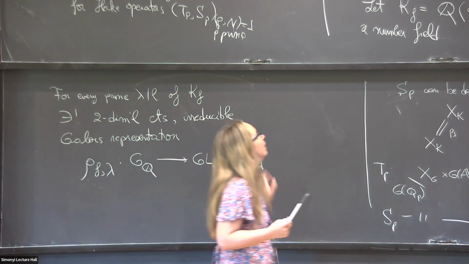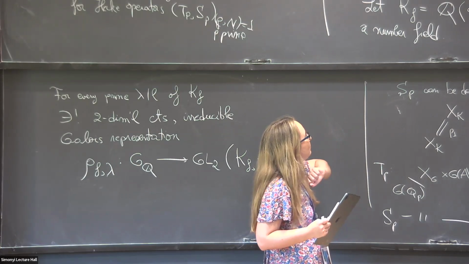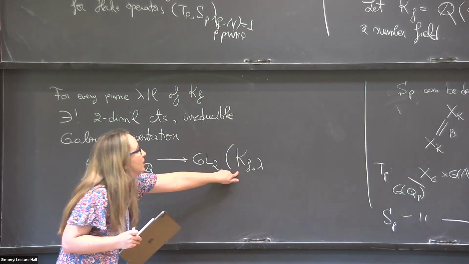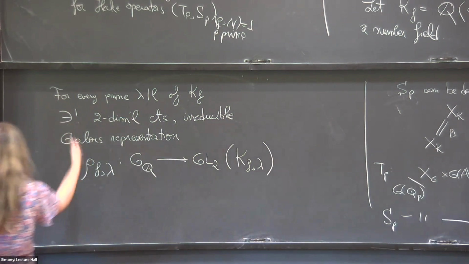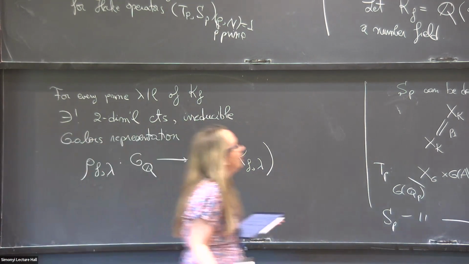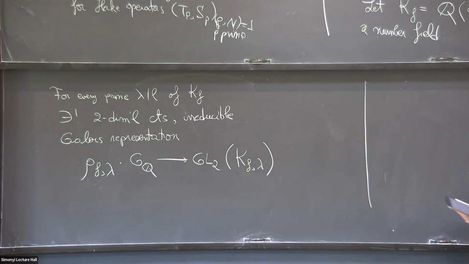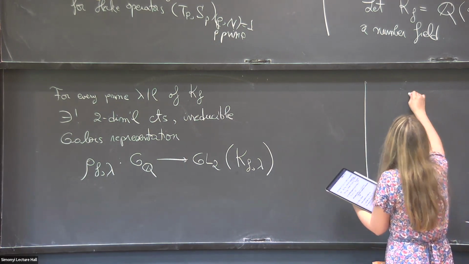If you want, you can think about the case of modular forms attached to elliptic curves, the case where Kf is just Q, and this is just QL. Okay, so there is something like this. And this is characterized in a specific way.